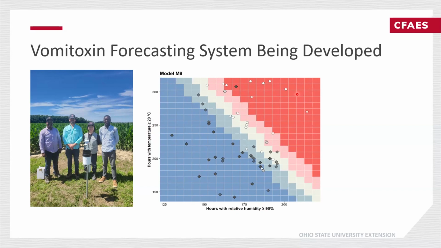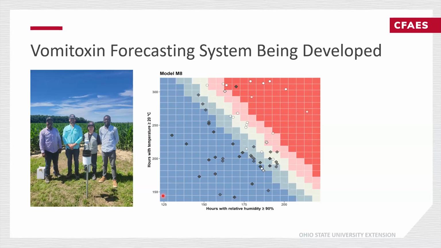That's our highest risk of having vomitoxin levels in our corn, compared to here in the blue where we have a lower risk. So right now we're in the early stages, and if you're subscribed to the corn newsletter during the season, we put out what the forecast is for the locations we have weather stations available for.